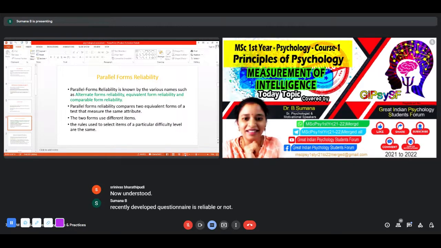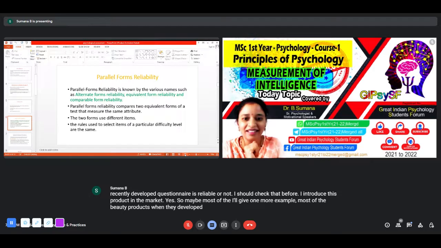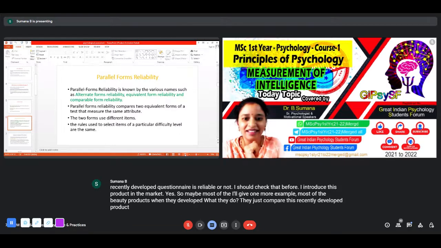I should check that before I introduce this product in the market. Yes. So I'll give one more example. Most of the beauty products, when they're developed, they compare this recently developed product with the product already launched in the market, which is already running.